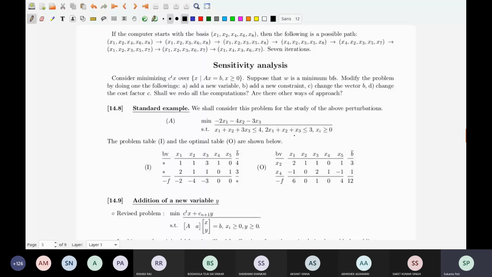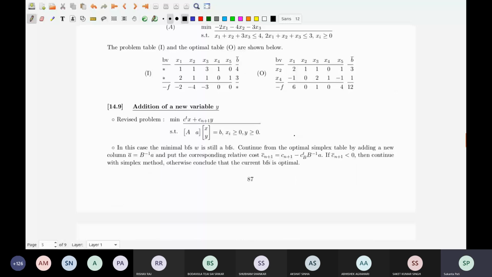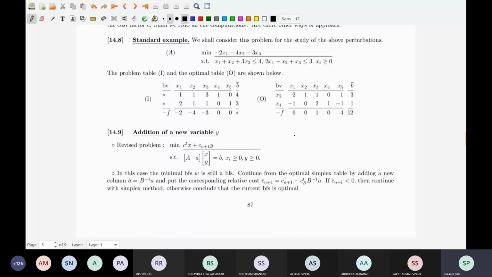Okay, for example, we have our problem over here. The initial table, that is the problem table, I have written over here, and the optimal table I have written over here. So for example, the company says that I want to add a new variable.